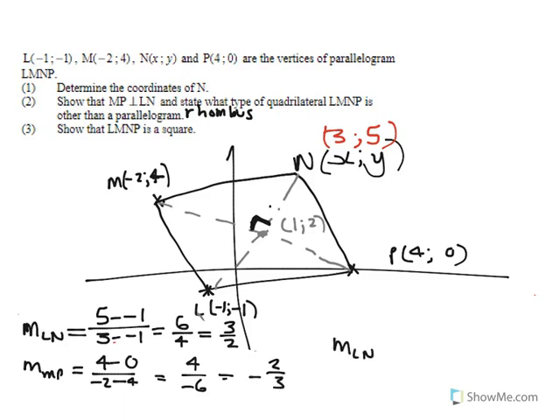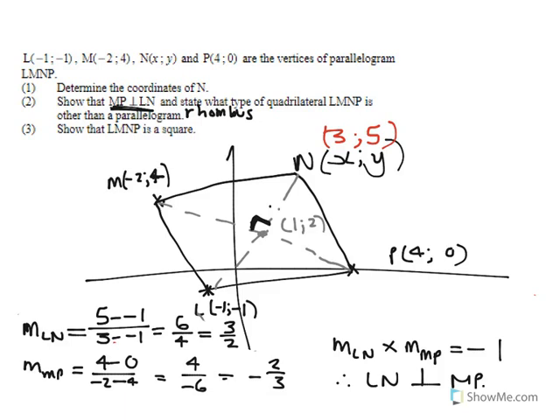And if you work that out, m_LN times m_MP is equal to minus 1, right? 3 over 2 times negative 2/3 is minus 1. And therefore, LN is perpendicular to MP, right? So we've proven what we needed to prove. And so we now know that LMNP is a rhombus, right?